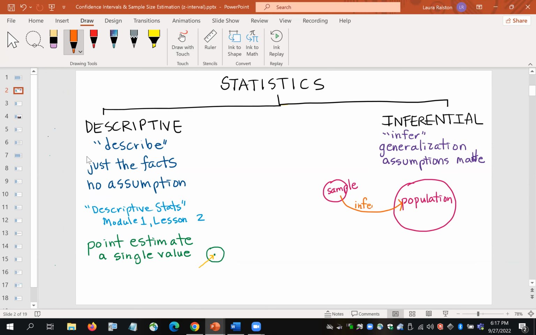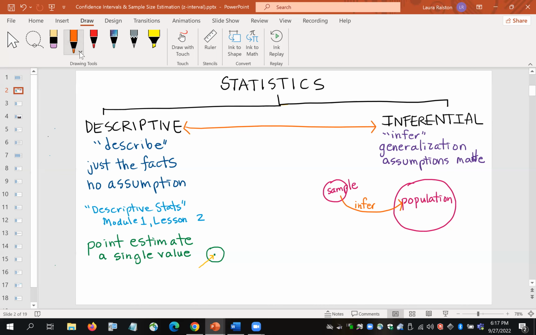That idea of making the inference, or that general statement about the population using what we know about the sample, is the area of inferential statistics. It's also true that you can't really do inferential statistics without descriptive statistics, so there is a connection between the two.